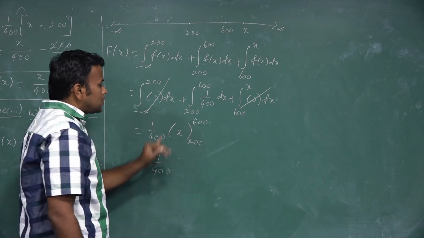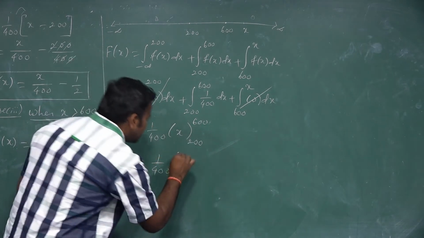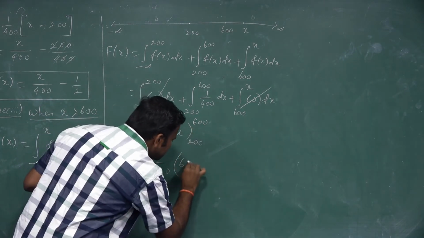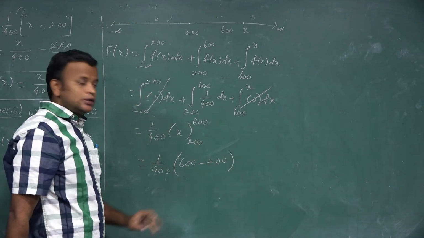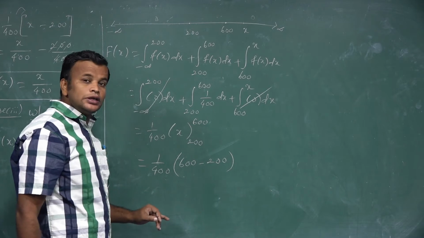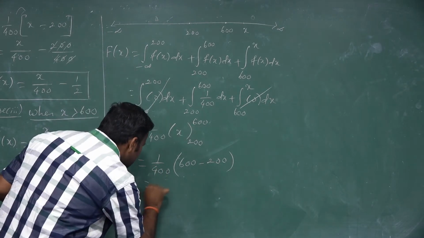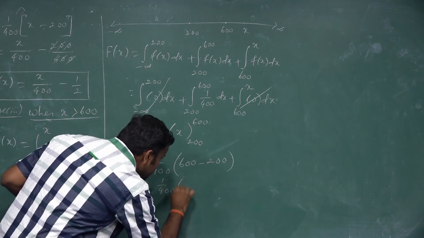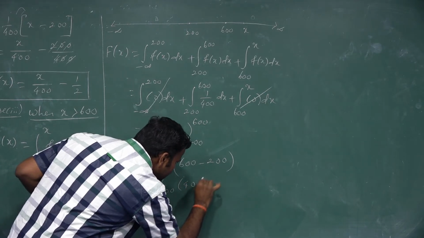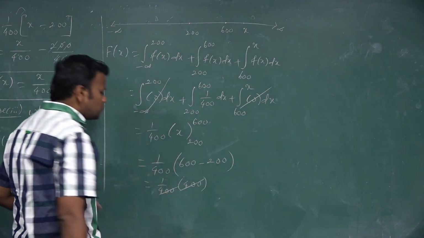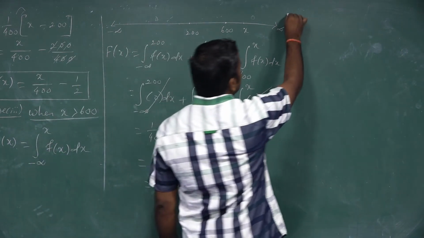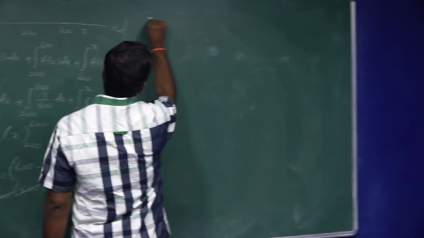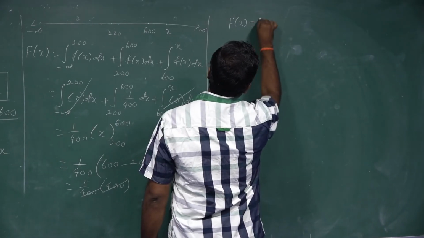So first I apply the upper limit: 1 by 400 of 600 minus the lower limit 200. 600 minus 200, you know very well, is 400. So 1 by 400 into 400, I cancel the 400s, so the value is just 1. So capital F of x value in this interval is 1.